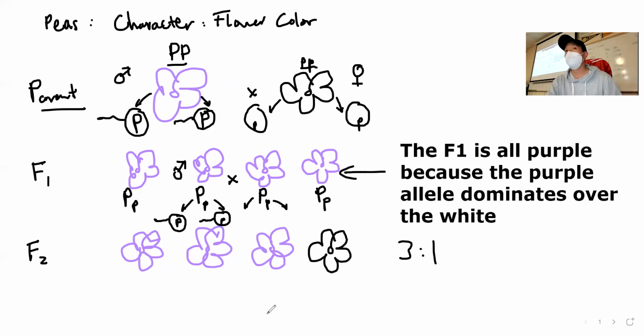A little p. That makes sense? Why? Because you've got these two letters, and then they're going to get split apart, right? And in this female, the same thing is going to happen. Half her eggs are going to have the dominant purple, but half of her eggs are going to have the recessive.